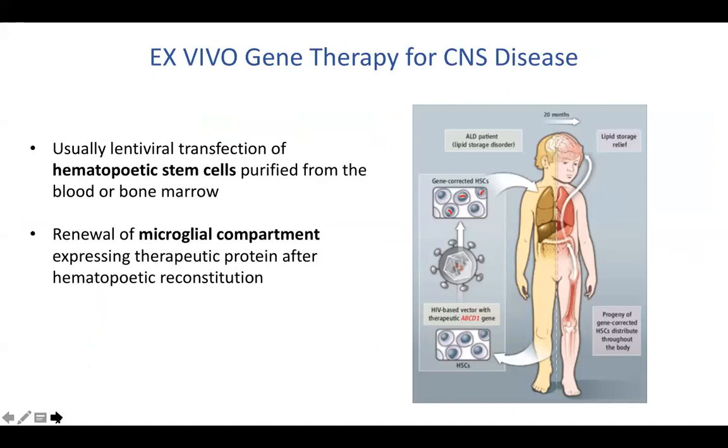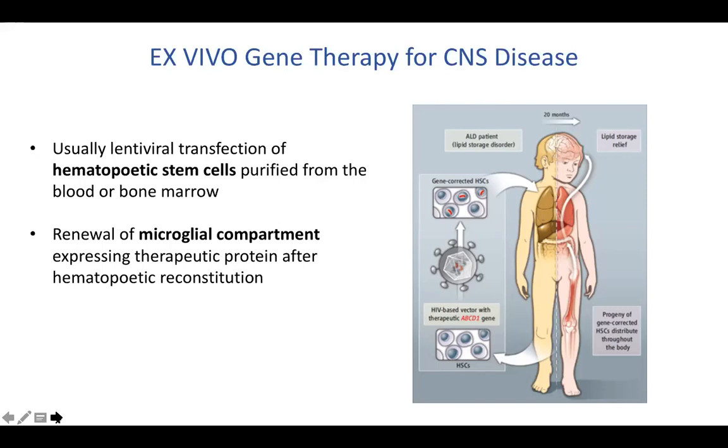So shifting to lentiviral gene therapy, I told you this uses a different virus, the so-called lentivirus, and this lentivirus has a particular predisposition to target bone marrow cells, in particular hematopoietic stem cells. And this seems to work for brain diseases.